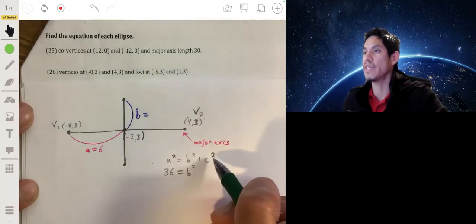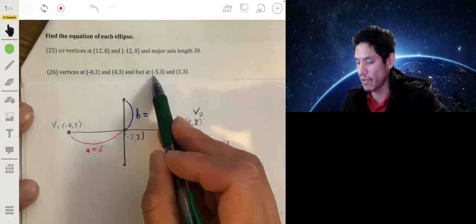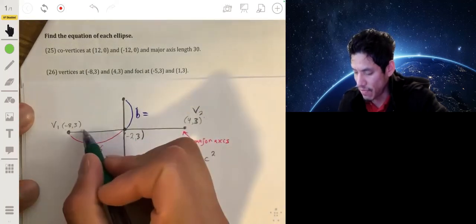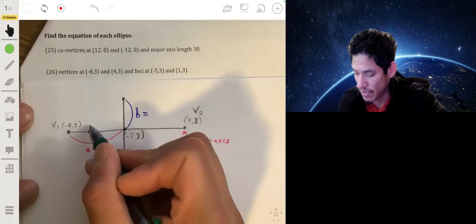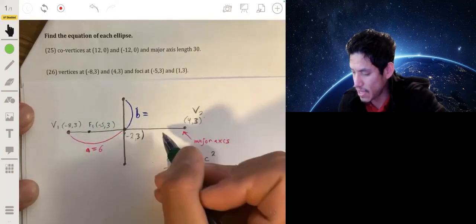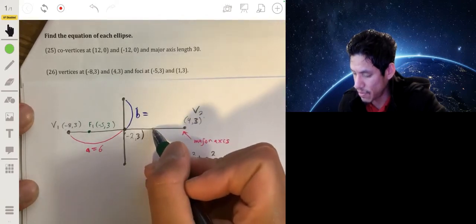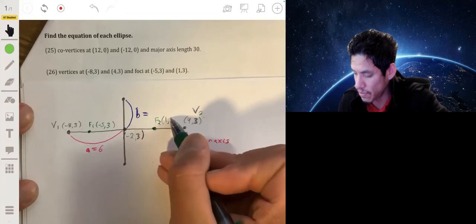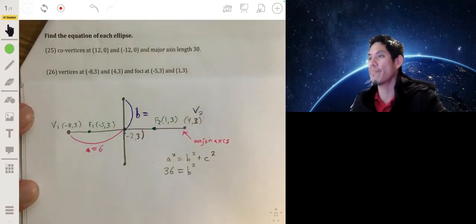we can figure out what c is from our foci. Our foci are (-5, 3) and (1, 3). So (-5, 3), let's say over here, let's call that F1, and then (1, 3), let's call that F2, will be our foci.